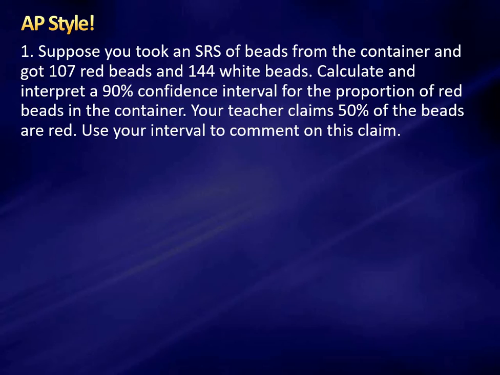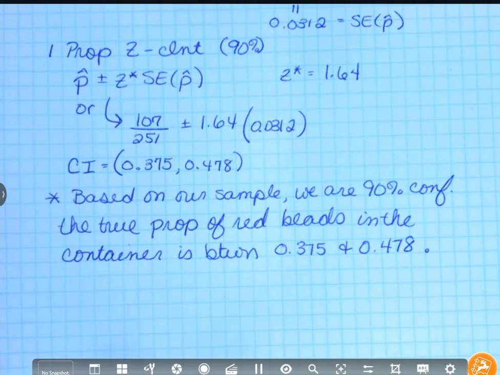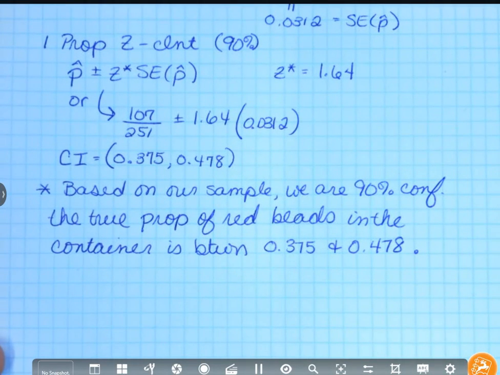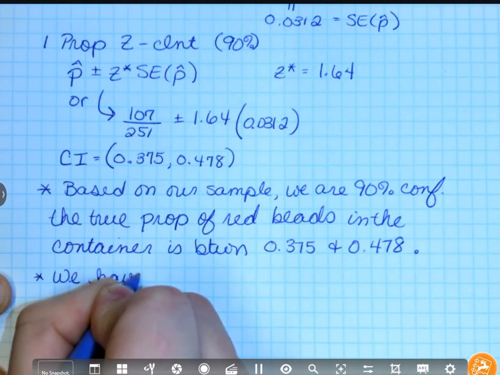Then it says at the very end, use your interval to comment on the claim. What was the claim? Teacher claimed 50%. What does my interval say? Okay, so the teacher said 50. My interval says this. What do you think that means? Not necessarily the claim is wrong, but what we're going to say is we have evidence.